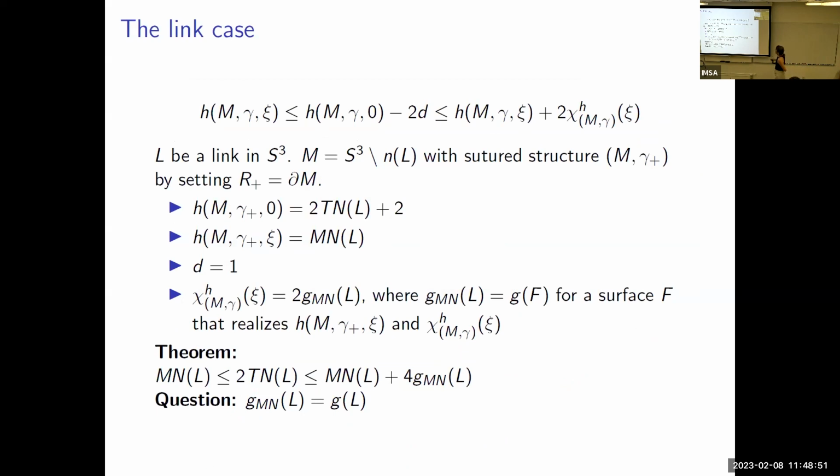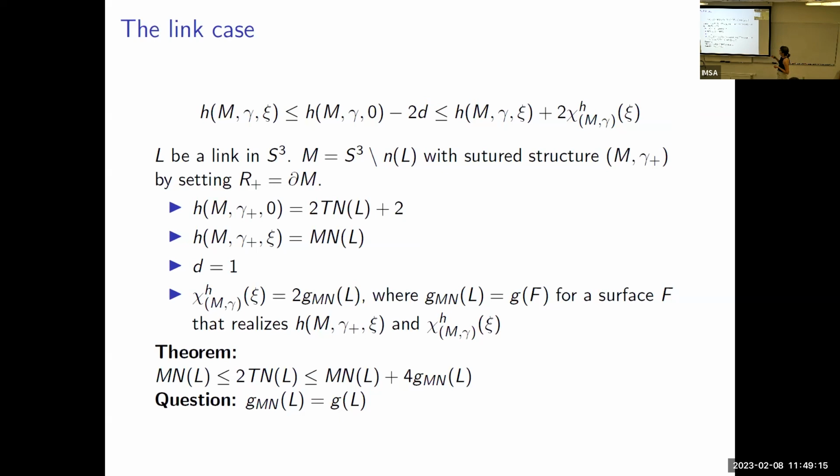So with this suture structure, we observe that the linear handle number is just, well, we don't have toroidal sutures, so this is just the same definition.